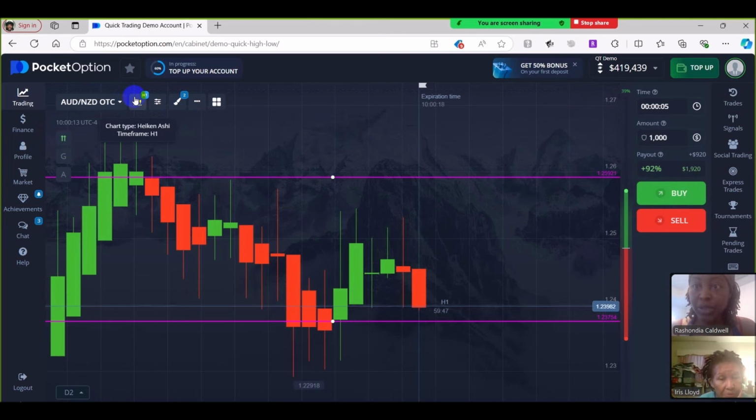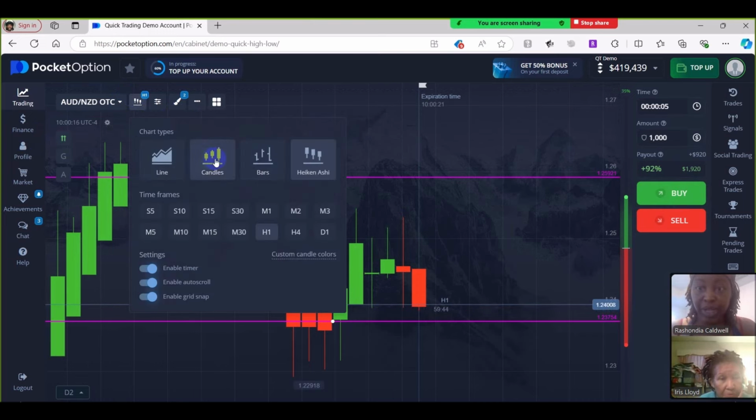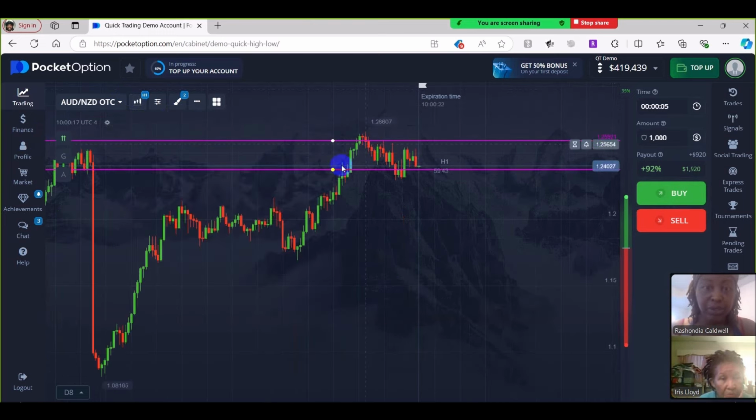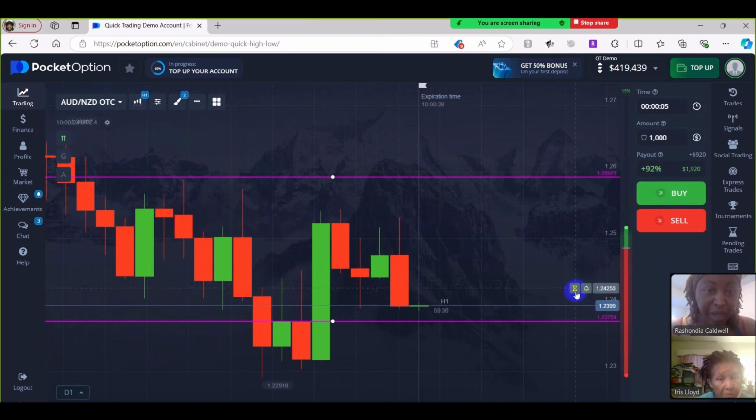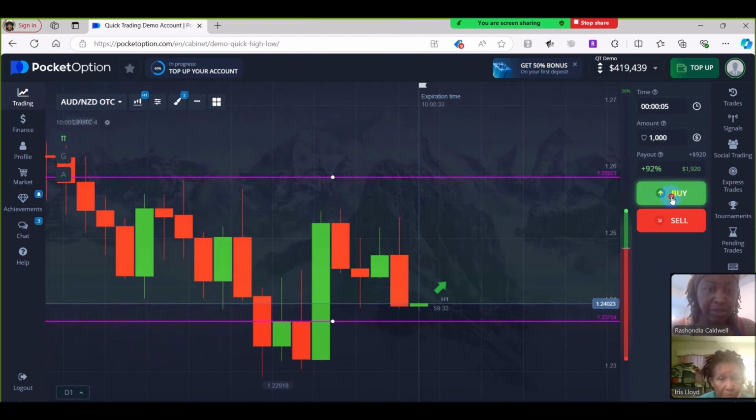Oh, you know what? I'm on the wrong candle. I'm on the Heikin-Ashi. No wonder. Oh, okay. All right. So see, it's going up because of that wick right here.